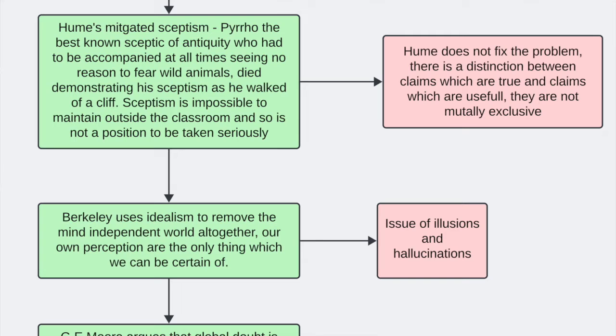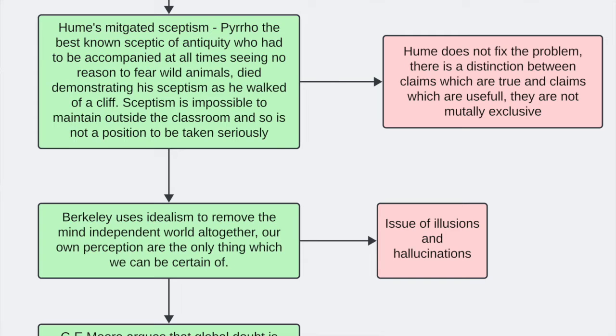Of course we can't, because we've just got to live our life, and we're in the external world, and we've got to pick things up and drive our car and believe that fire exists, and we can't doubt these things. And so it's actually not a position to be taken seriously, and global skepticism is not a meaningful position.